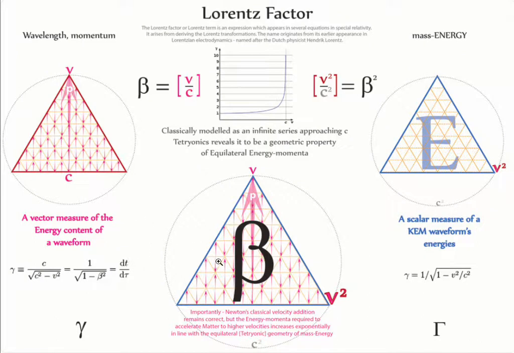Importantly, what this shows is that Newton's classical velocity addition formula, which was replaced by the relativistic formulas using Lorentz factors, in fact remains even at relativistic velocities and beyond, or superluminal velocities.